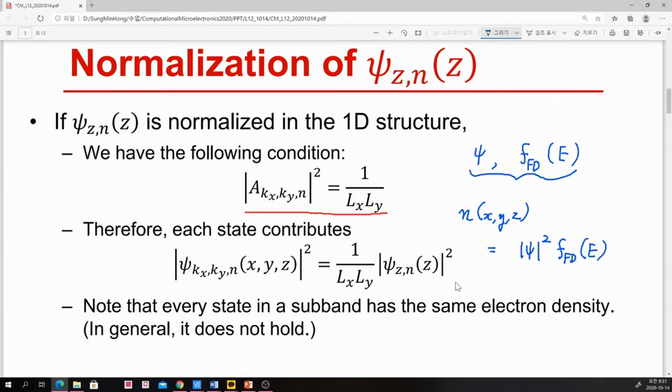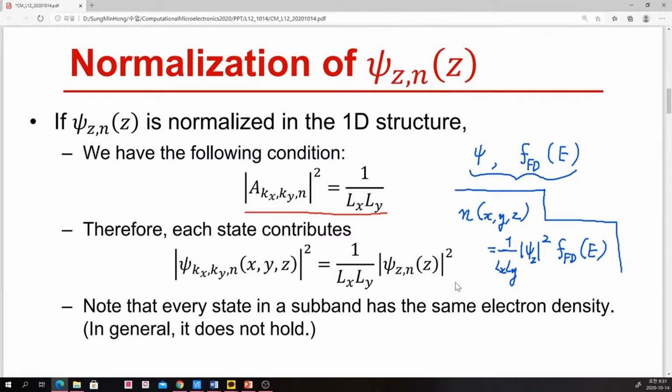Of course, if we specify psi sub z, in this case we will have Lx, Ly. This is the contribution from one single state.